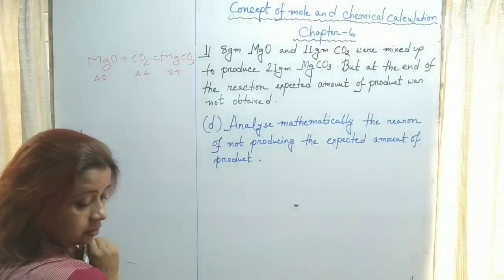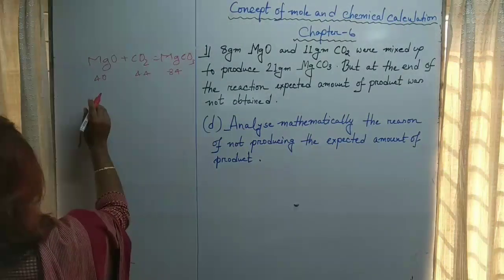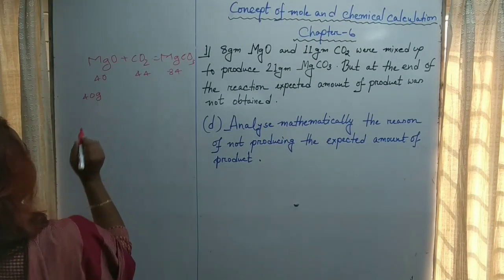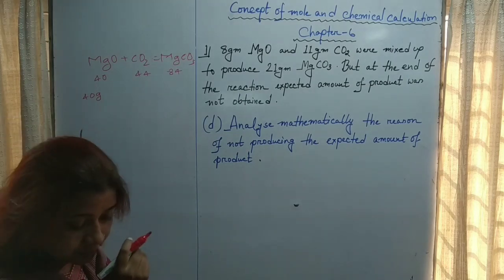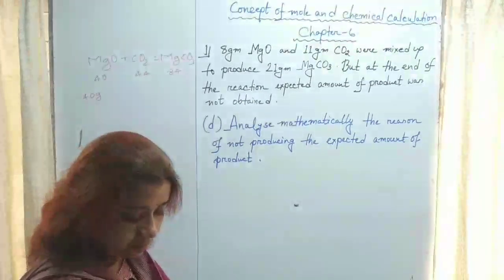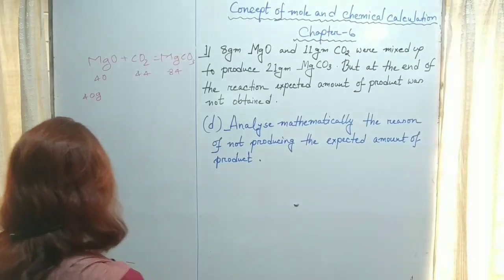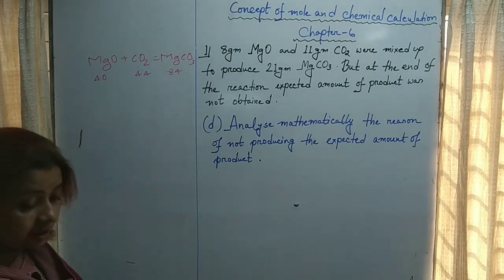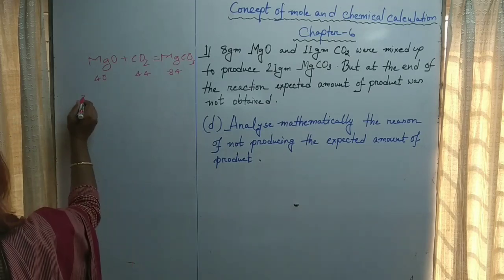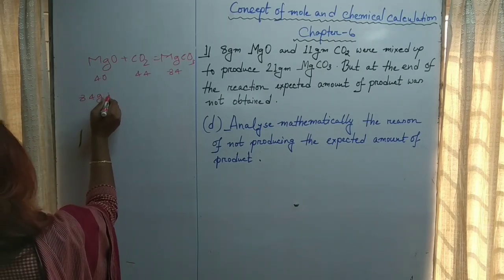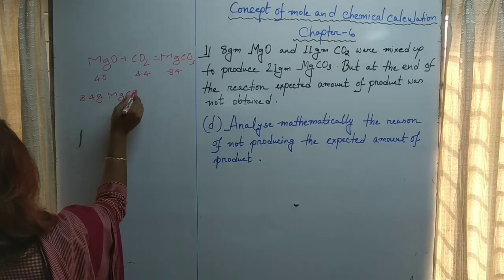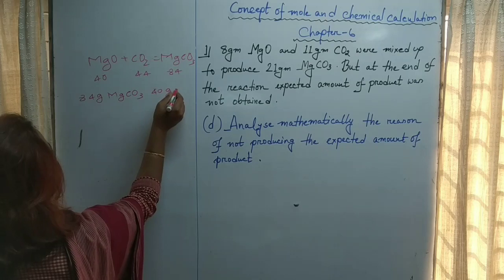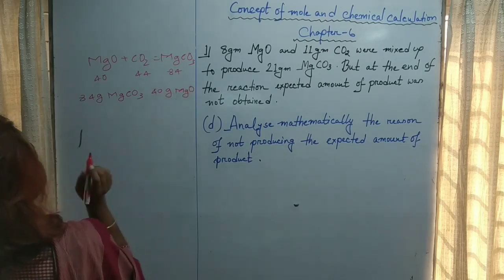Now, can we write that for producing 84 gram magnesium carbonate, 40 gram magnesium oxide is needed.